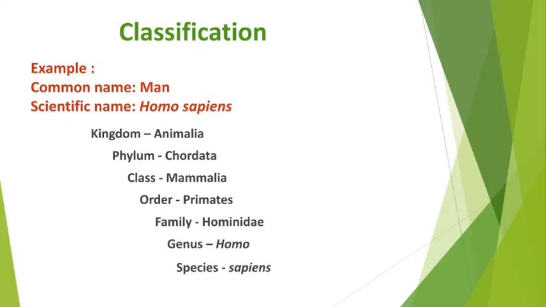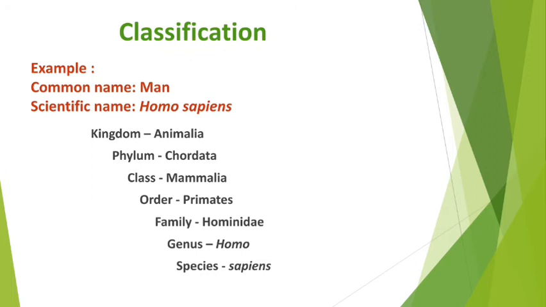So my dear students, I hope you have understood how we can write the classification of an animal. This is one example we have done with humans. During the practical class we will practice with different animal species.